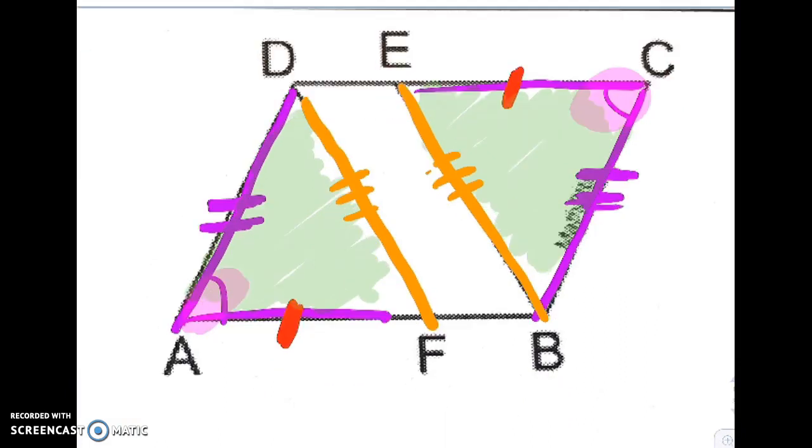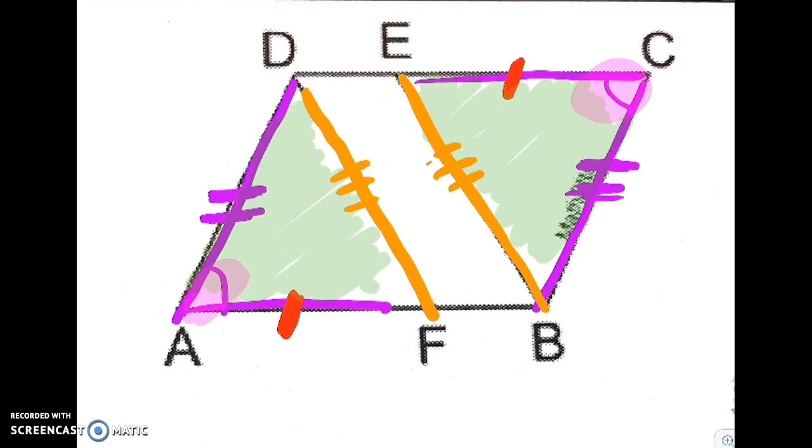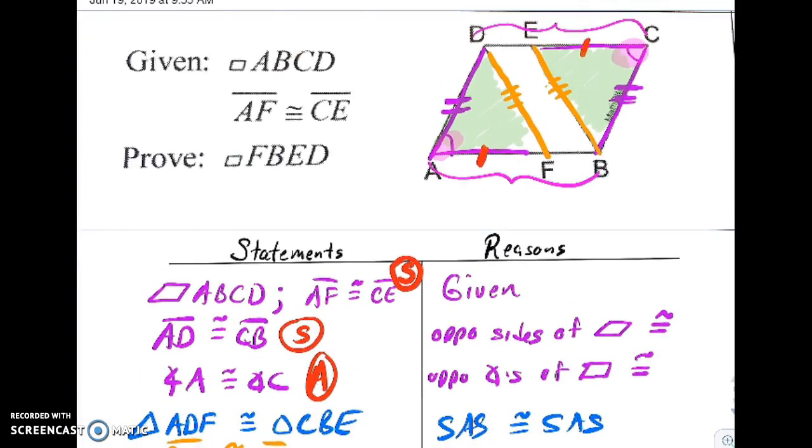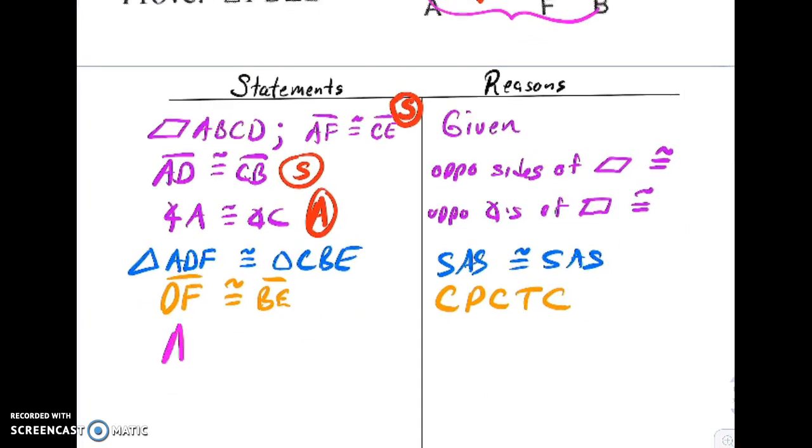But what we do know, remember, the original shape before we started was a parallelogram. We knew that those two sides were the same, but these two sides are the same also. So I'm going to go ahead and say AB is congruent to CD, again, because opposite sides of a parallelogram are congruent.